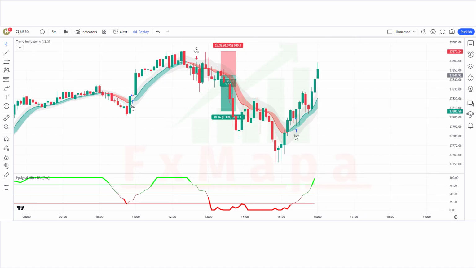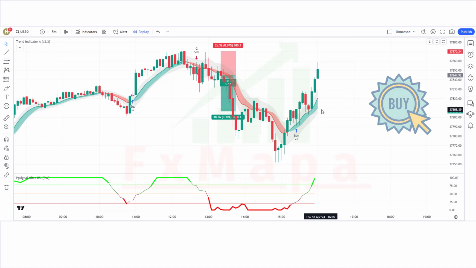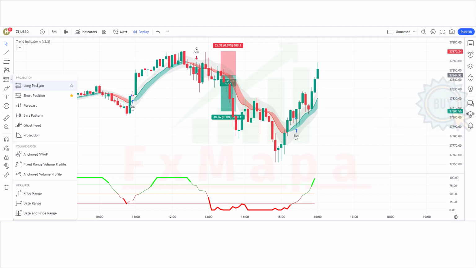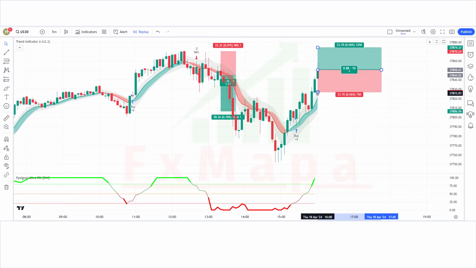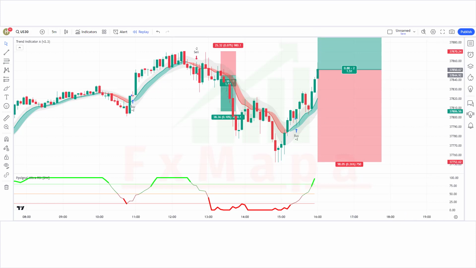We have got the signal. Here the Ultra RSI indicator has given us overbought signals. The market has made a bullish candle to give confirmation. The smooth trend indicator of open close line is uptrend. So all our conditions are being fulfilled, so we are placing an order to buy. Our stop loss will be placed at the previous low of the market, and the risk to reward ratio will be 1:1.5.